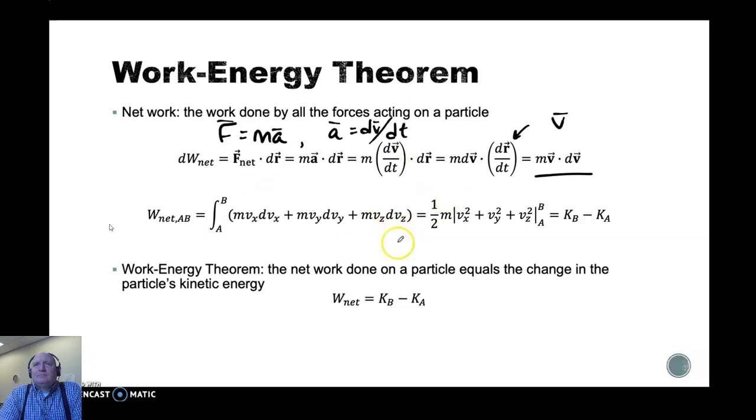And when we take that derivative, we will get 1/2 m times vx squared plus vy squared plus vz squared, and you'll take that from A to B. And in doing so, you see that this is going to just be the kinetic energy at point B minus the kinetic energy at point A.